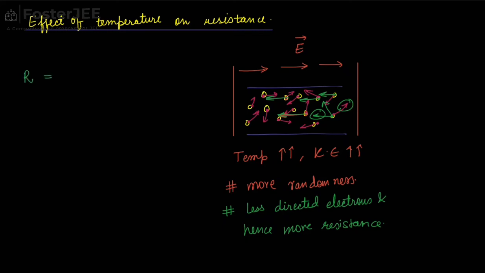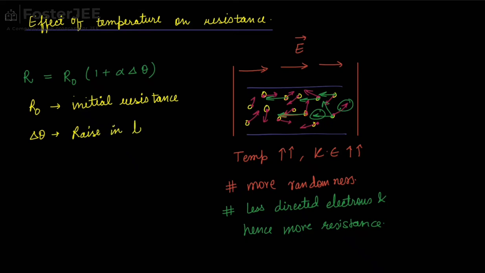But if we raise the temperature of a conductor, the resistance becomes R0 times (1 plus alpha delta theta), where R0 is the initial resistance, delta theta is the rise in temperature, and alpha is the coefficient of resistivity, which is also called the thermal coefficient of resistivity.